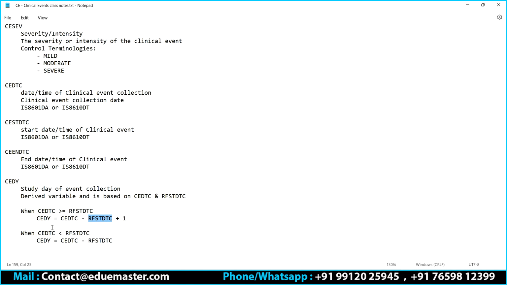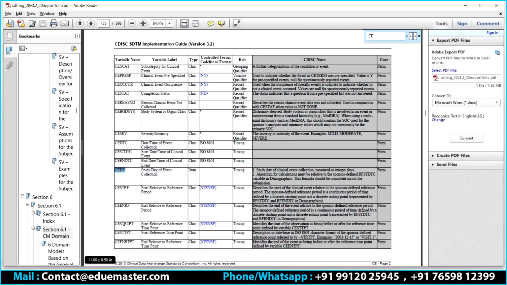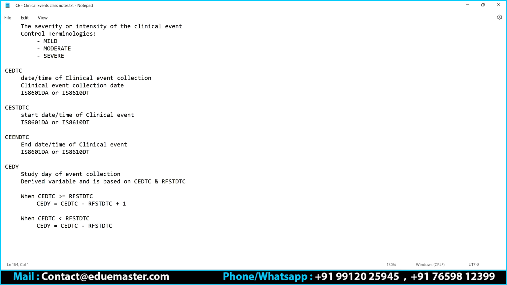Done. So your treatment reference start date and time, character format, you're going to get from the DM domain. From the DM domain you're going to get this one, and here you're going to get the remaining things. What is this one, Mohanty? This is not going to be in ISO 8601 DA format, because these are going to be the number of days. Either it is going to be positive or negative. Am I correct? Murli, no, no, just correct it. I wrote 8610.